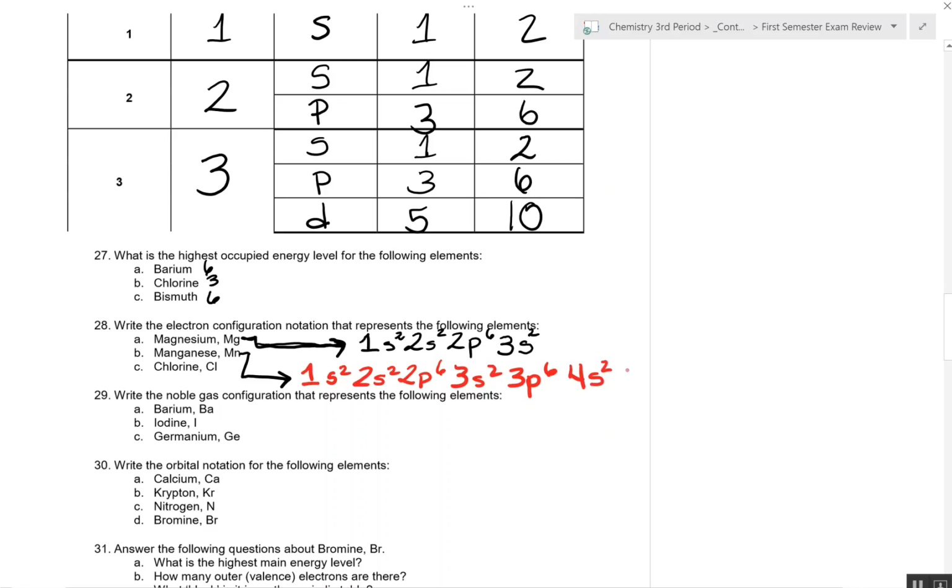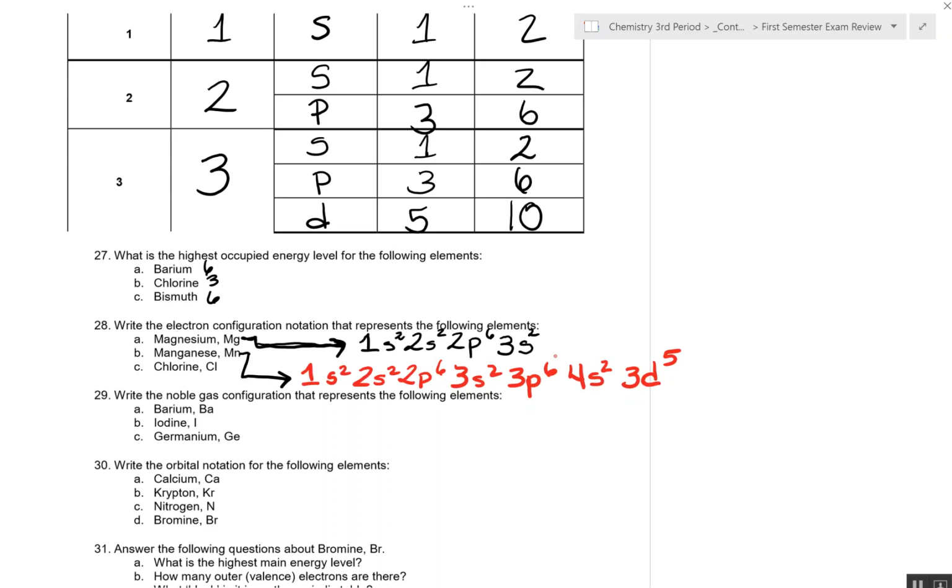And then we're back to the 3D. How many elements over is manganese in the D? 1, 2, 3, 4, 5. Now, do all these superscripts add up to the atomic number for manganese? 2, 4, 10, 12, 18, 25.